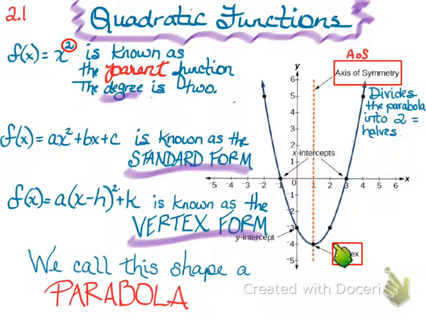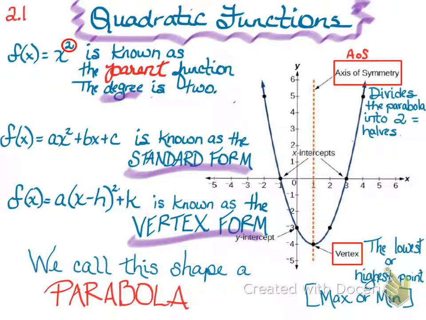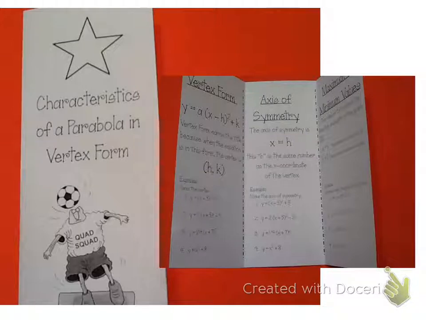It also has a vertex, which is the lowest part of the graph. It can also be the highest point of the graph if the graph has been reflected. So these are some of the features of a parabola, and today we're going to take a look at the vertex form. I might also add that the lowest point is called the minimum, and the highest point is called the maximum. Again, that goes along with what we learned in Chapter 1.